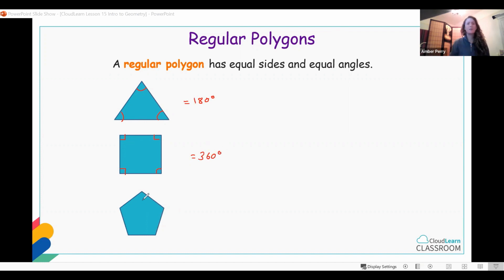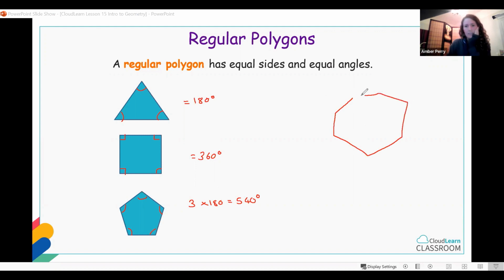And the sum of interior angles in a pentagon is, we can split it into 3 triangles, so it's going to be 3 times 180 degrees, which is 540 degrees, okay?